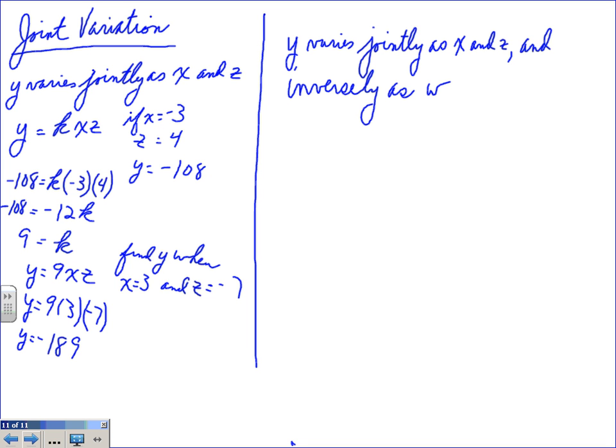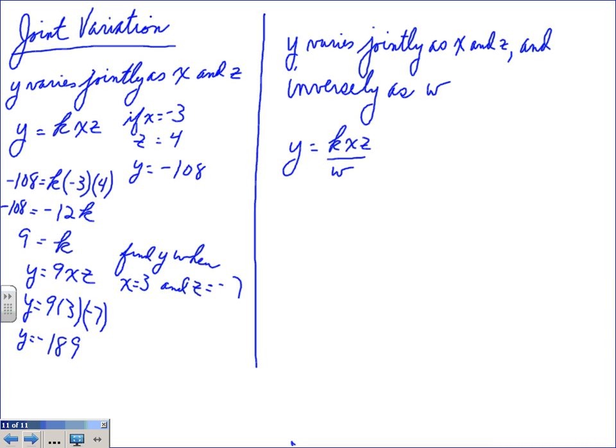How would I write that? Y equals k, x, z. Whenever you see that word inversely, the next variable you see goes in the denominator. So y is equal to kxz over w.